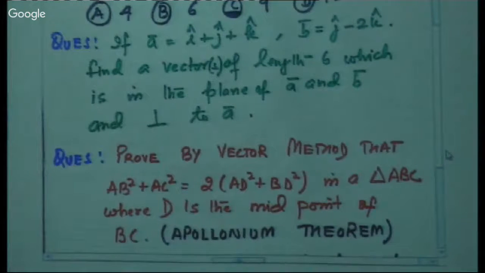See, 2 ways. First, let's make the diagram. Let's see the diagram way. If this is y, I want the vector to be perpendicular to a. So I'm going to say this is my vector a. And b will make some angle with a. So I'm going to call this b.